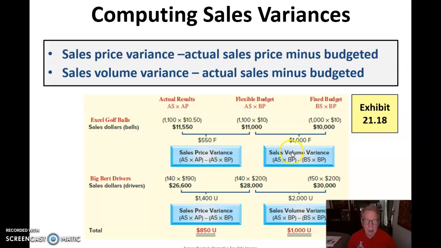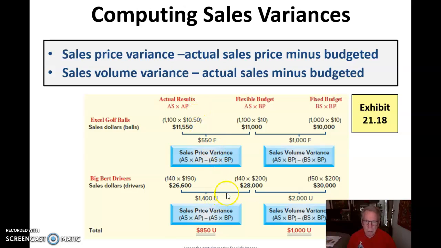Okay. And that is going to spin off the fact that we had 550. That's going to be a favorable sales price variance. And we also had a sales volume variance, right, of $1,000. Why? Because we sold more volume than we thought, and we sold it at a higher price than we thought.